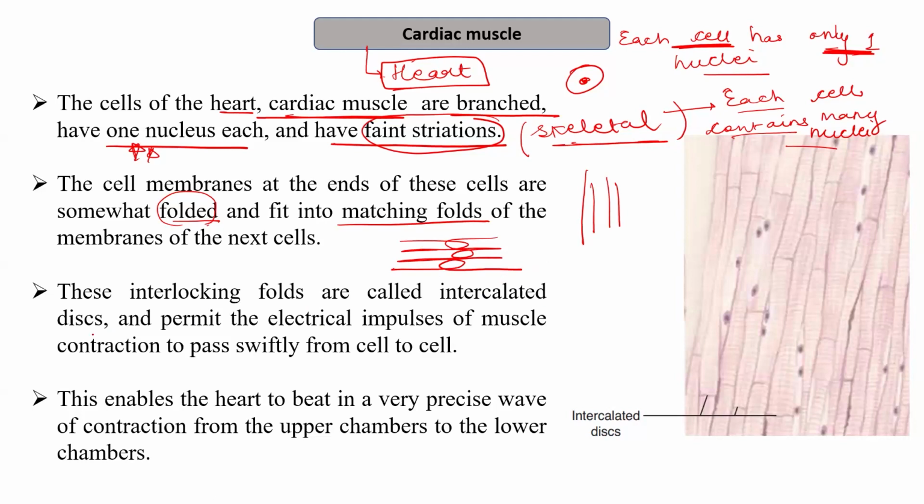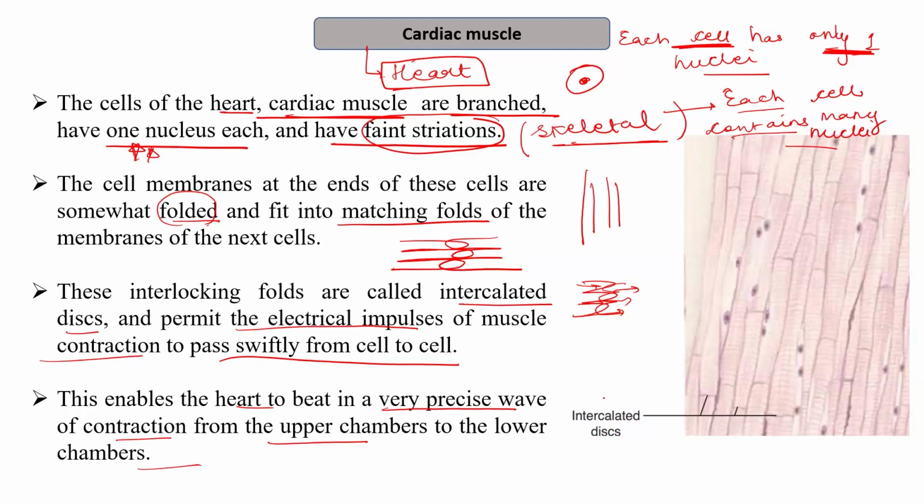The interlocking folds are intercalated discs and permit the electric impulse of muscle contraction to pass swiftly from cell to cell. So these interconnections help in passing the nerve impulse swiftly from one cell to another. This enables the heart to beat in a very precise wave of contraction from the upper chamber to the lower chamber.